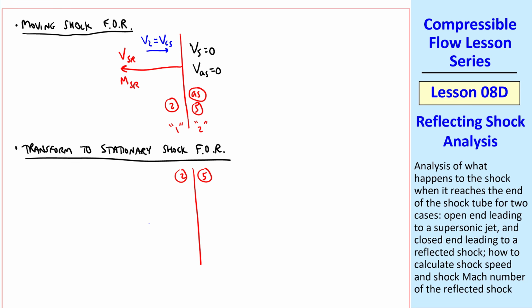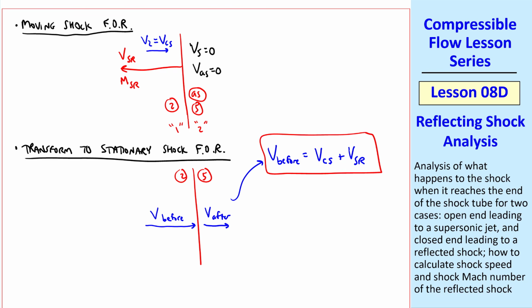And from the stationary shock point of view, let's call this speed V before and this speed V after. So V before is equal to VCS, speed up here, plus VSR, where we've added this speed to do our transformation. And I'll draw this longer since we're adding VCS and VSR.